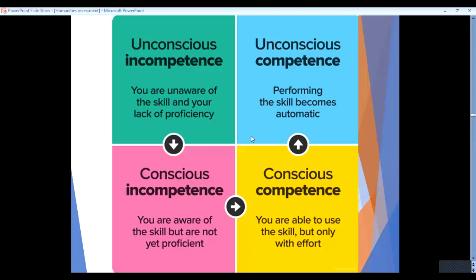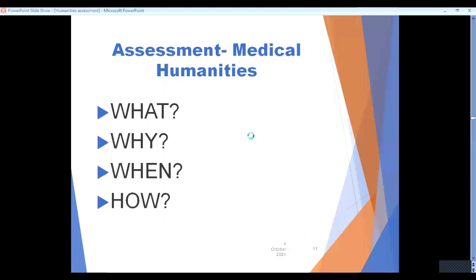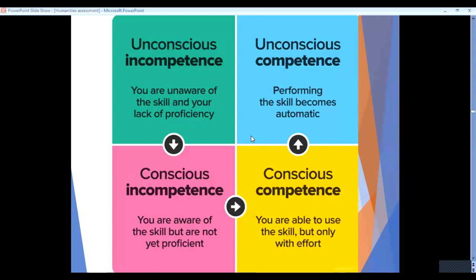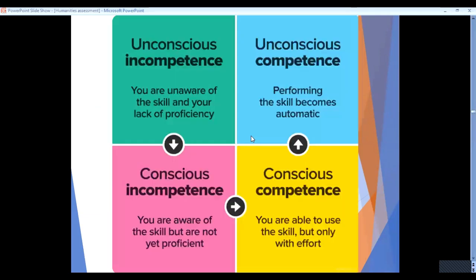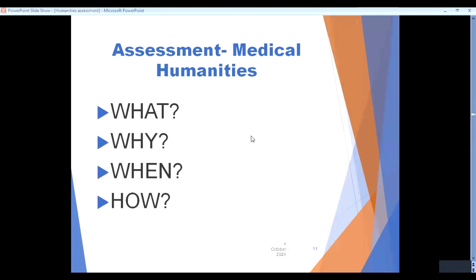That is, they become so competent that even subconsciously, they start performing certain skills and attitudes. So we want our students to reach the last square, or at least the yellow square. And our team has proposed one more square, the fifth square, which we will talk about later, for becoming more competent. So we are more bothered about assessment in the pink and the yellow squares, conscious incompetence and conscious competence. Your assessment method should be very, very appropriate.